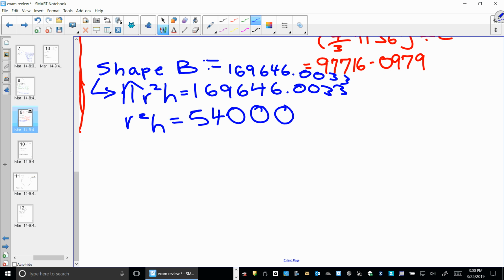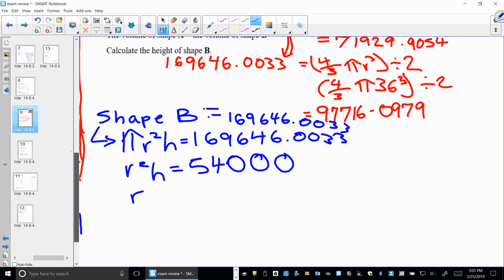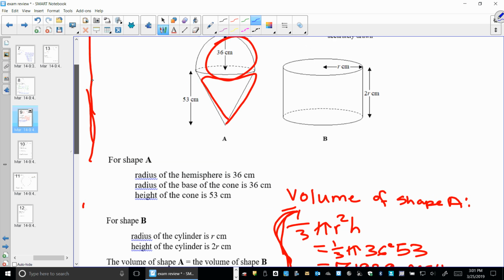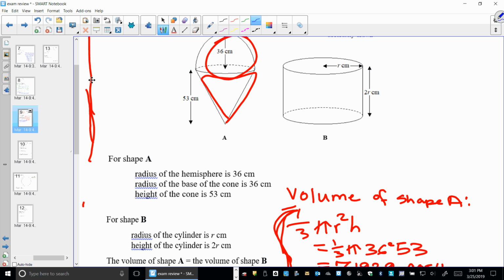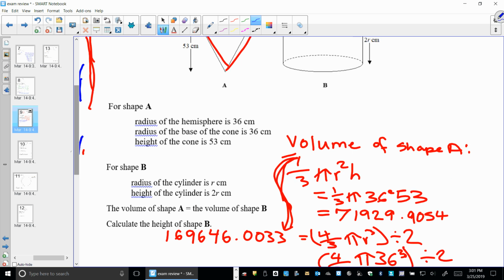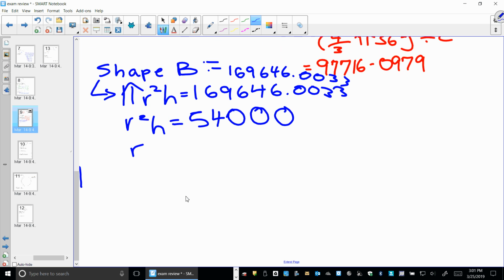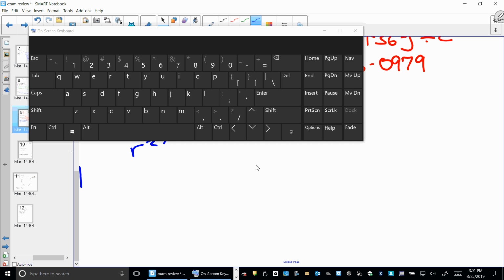Matt? If we see this, shh, the height is 2r. So if you go down, you can pull the height. Do you want me to do it? The height is just 2r.